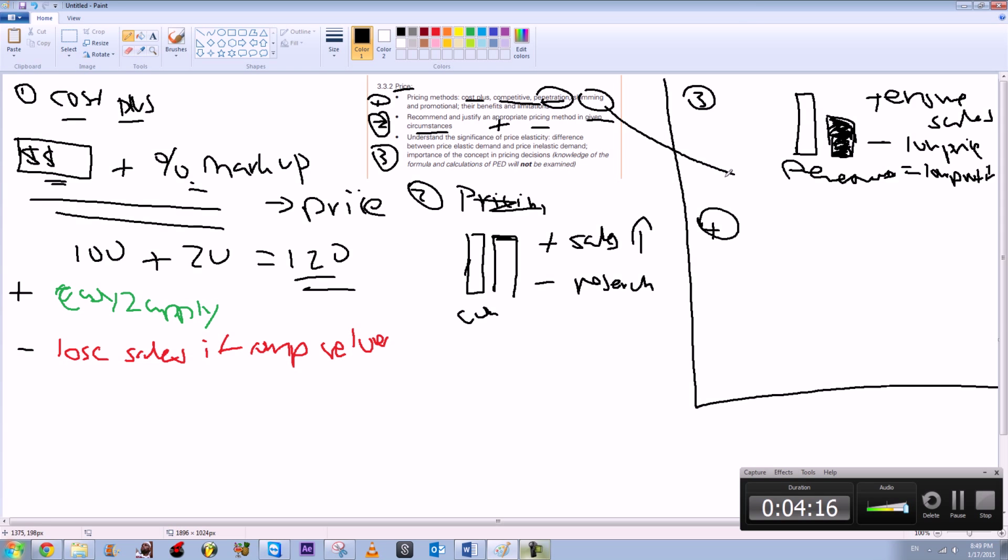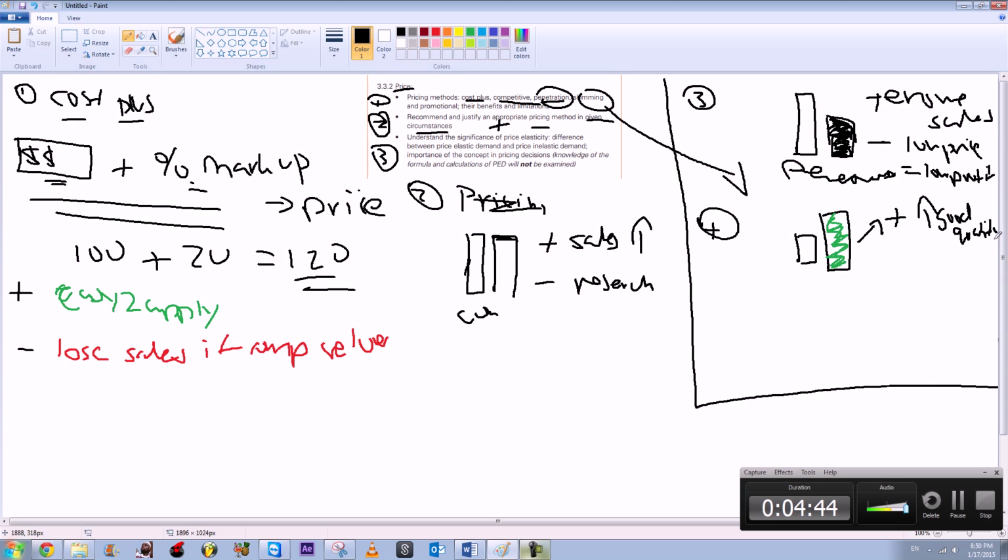And price skimming is the total opposite. You go above the competitor's price in the hope that people think your product is better quality. The positive is that it can help establish the image of being good quality. This might link to psychological pricing, which I'll explain later.